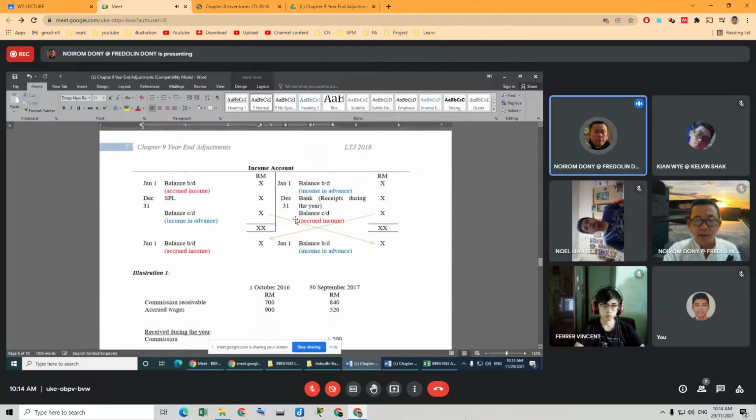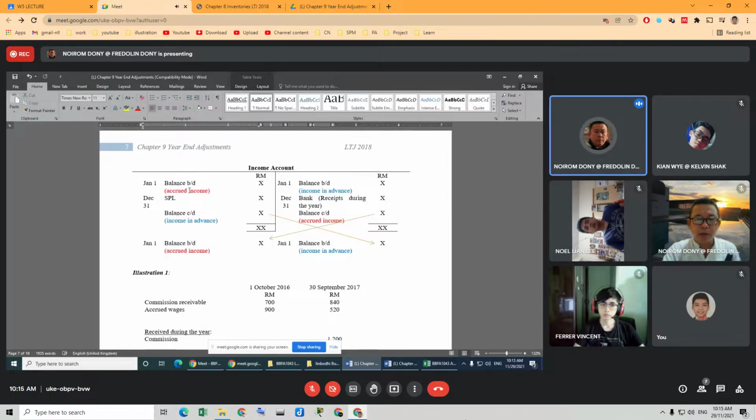But for income, it will be different. For income, if you have a debit balance like this one, balance BD, CD is here. Look at this. CD above the total on the credit side, and then BD, like this one. So this is accrued income. What is accrued income?